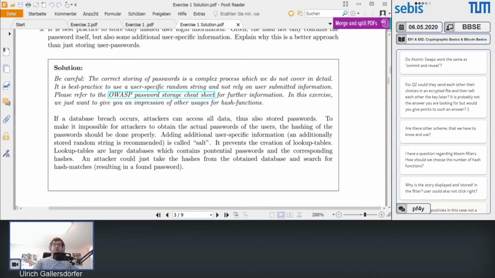I also linked to the OWASP password storage cheat sheet. These are the experts on that topic. They really know what's going on there and how you best should implement that. I'm not an expert for this, but that's just for you to have a little bit of an understanding of what we could do with hashes.